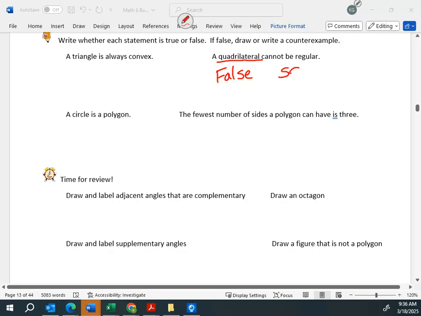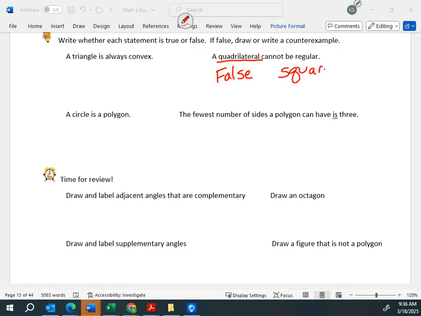And you could write the word square, or you could draw a picture of a square showing that the square has congruent sides, congruent angles. They have all right angles and all same measured sides. So if you write false, you have to prove why it's false. Write what would fit there.